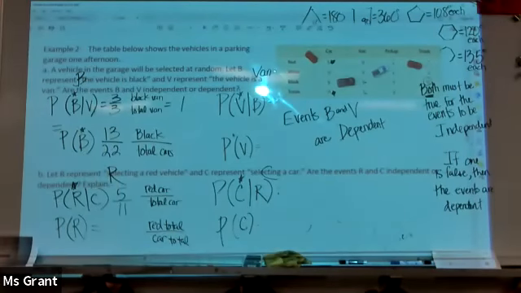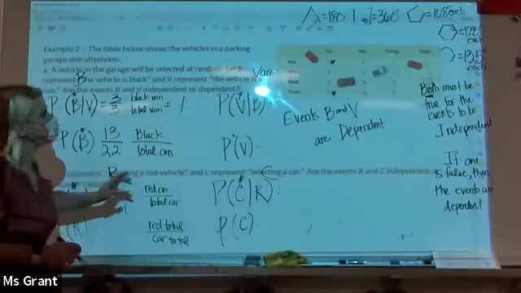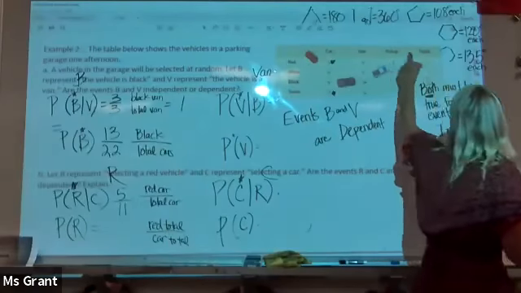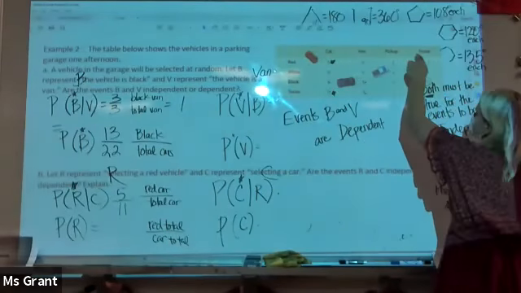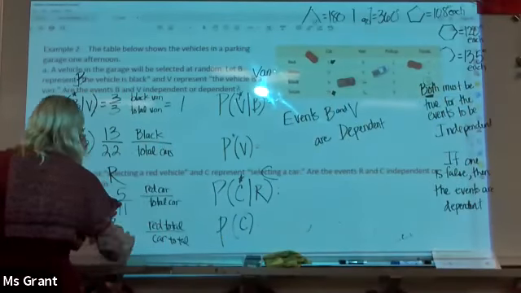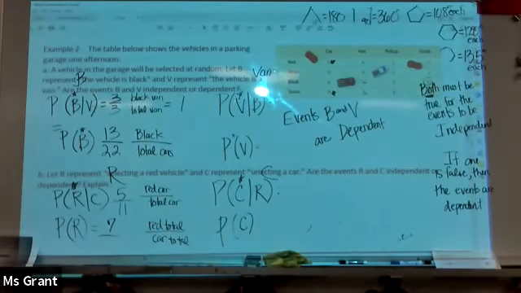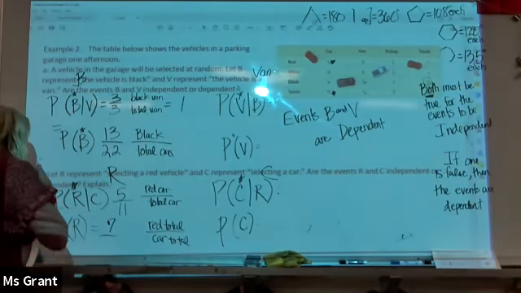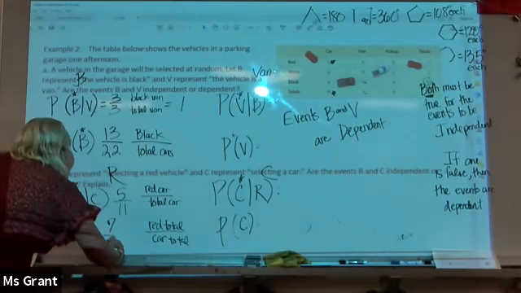Red cars, vans, and pickups total. Do you see how it's 7? 5 plus 2 makes the 7 red. Hoping you think this is easy. Cars total, lower right-hand corner of my frequency table, 22. Do these equal each other?